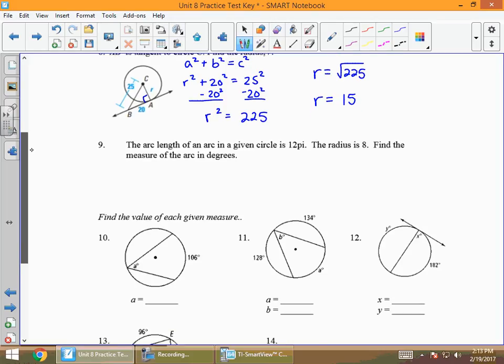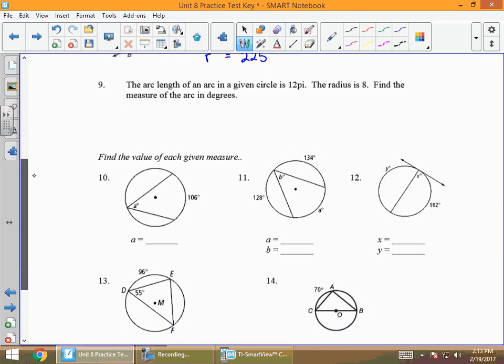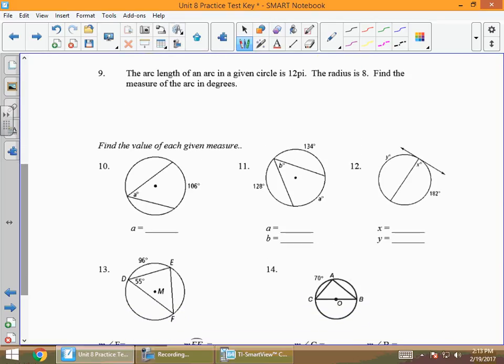Number 9, the arc length of an arc in a given circle is 12 pi. The radius is 8. Find the measure of the arc in degrees. All right, well, I'm going to draw a little circle over here. Let me give my center.